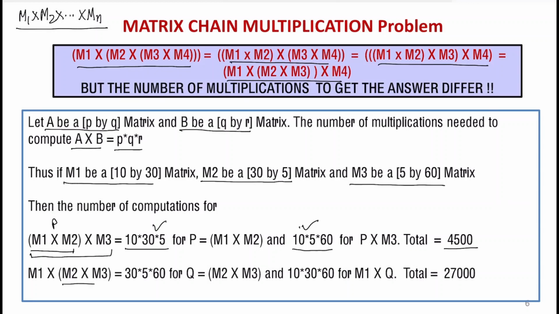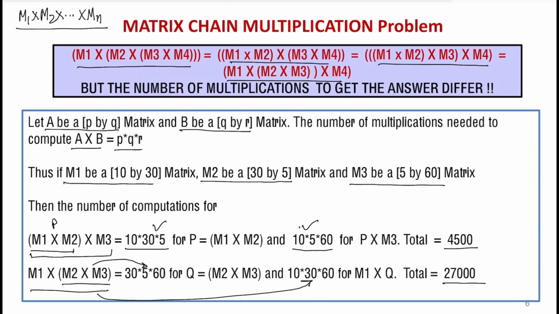On the other hand, if you do this first and then this, then to compute this you require so many multiplications, and to compute the second part you require so many multiplications, and this becomes a total of 2700. And as you can see that the order matters significantly.